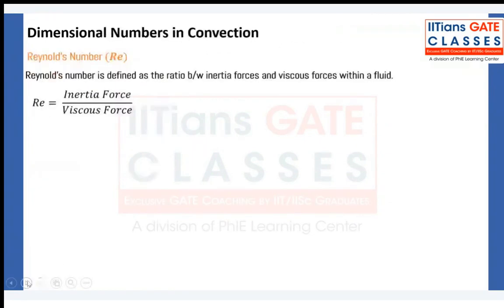First is Reynolds number. Reynolds number is defined as the ratio between inertia forces and viscous forces. So you all know what is inertia forces. In general, what is inertia? Can you tell me what is inertia? Yes, force due to acceleration.